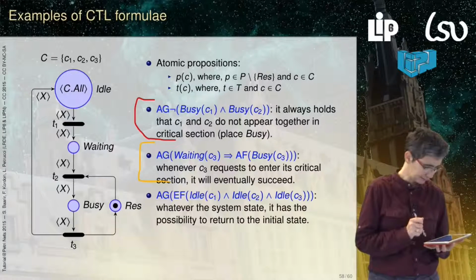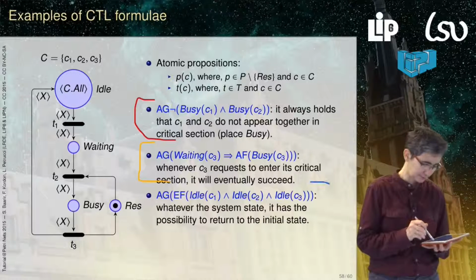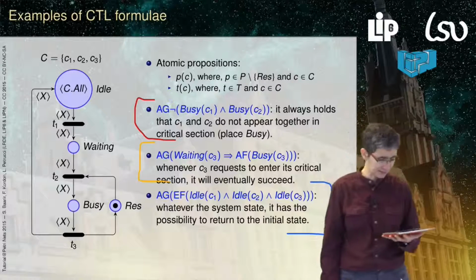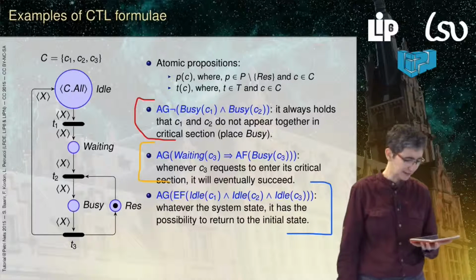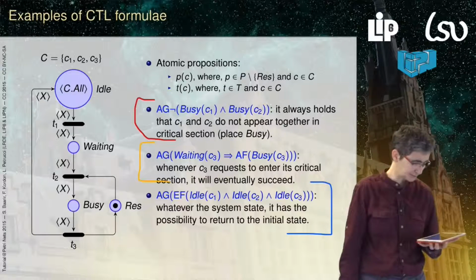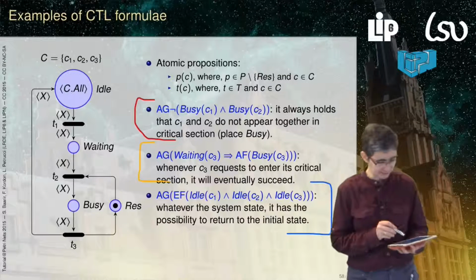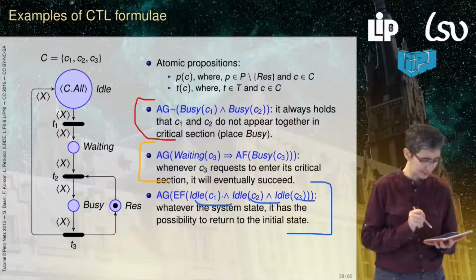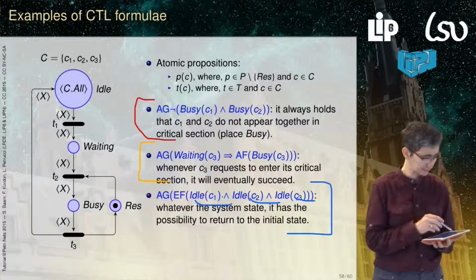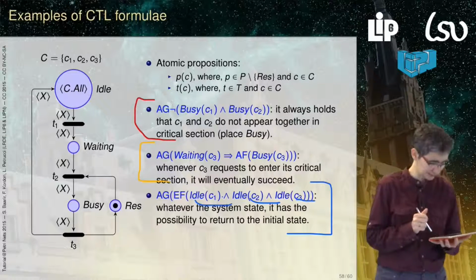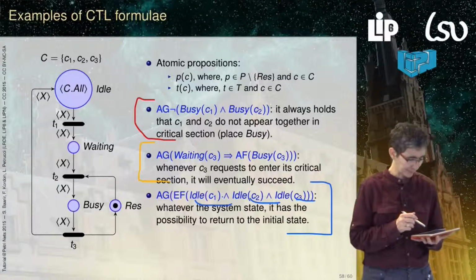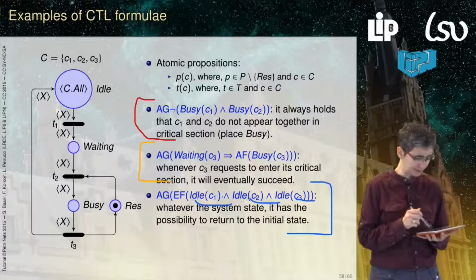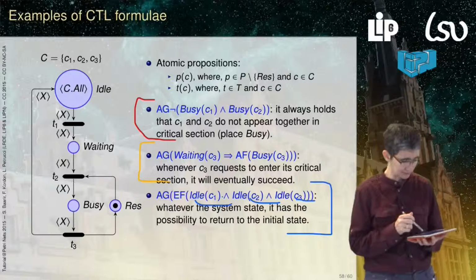And finally, the last one here, AG EF of idle of C1 and idle of C2 and idle of C3, states that if you have C1 and C2 and C3 in idle, so as in the initial state, you always have the possibility to return to the initial state.